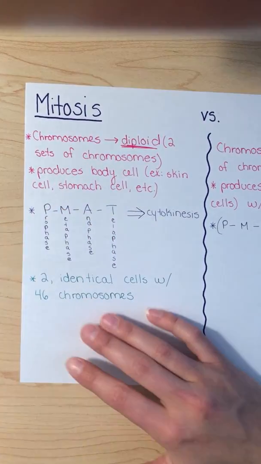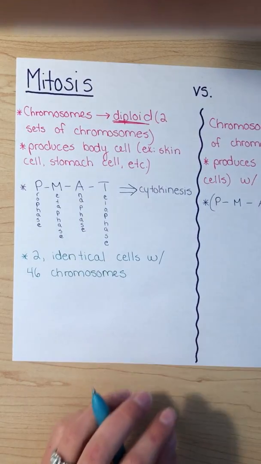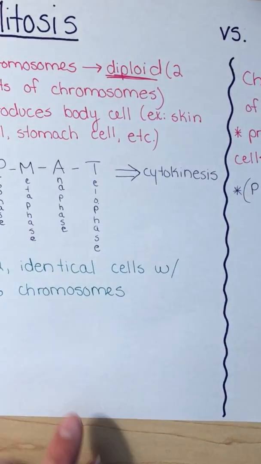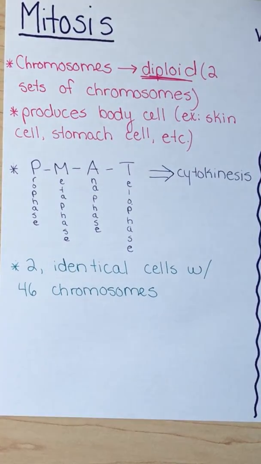Okay? And that's what we want, okay? We don't want a skin cell producing a cell for your eyeball. You want a skin cell producing another skin cell, okay? So mitosis creates identical copies, okay? And that makes sense because you have copies of your DNA and each cell gets a piece of the DNA so that they are the same, okay?